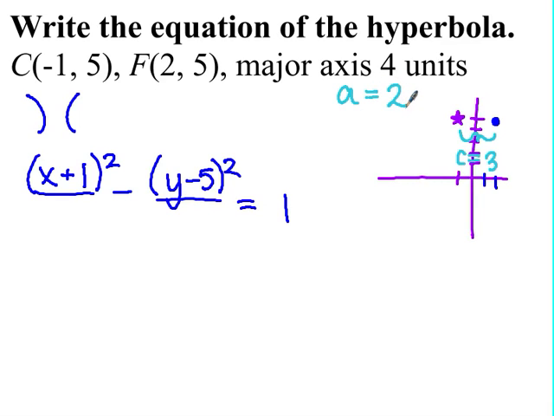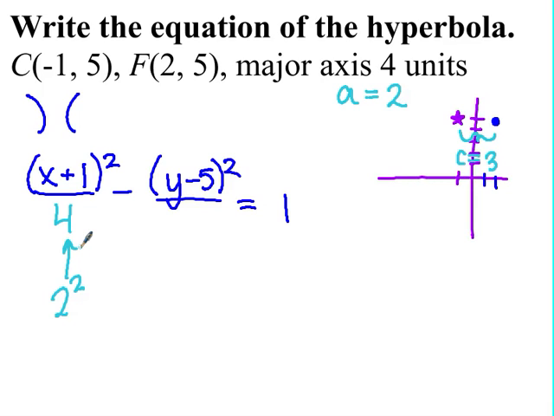Because the major axis is from vertex to vertex, and since it's 4, half of 4 is 2. So what am I going to put under the x plus 1 quantity squared? 4, because I always put 2 squared, for those of you making notes. So that's where 4 comes from. It doesn't come from the fact that the major axis is 4 units long. This 4 and this 4 are not the same.